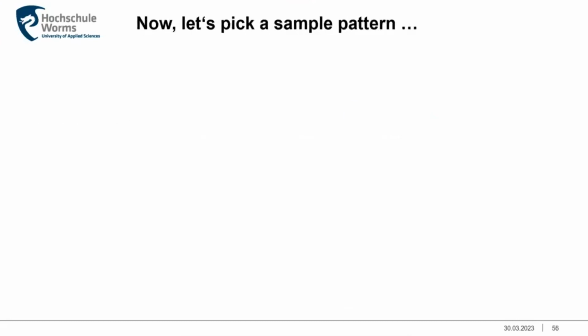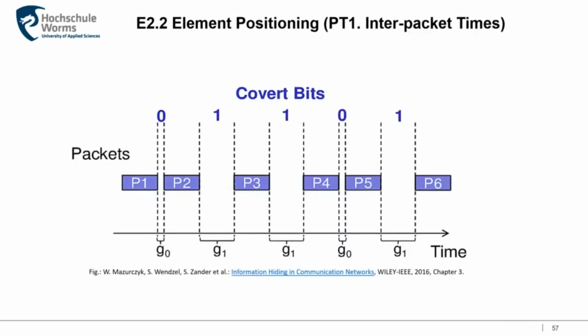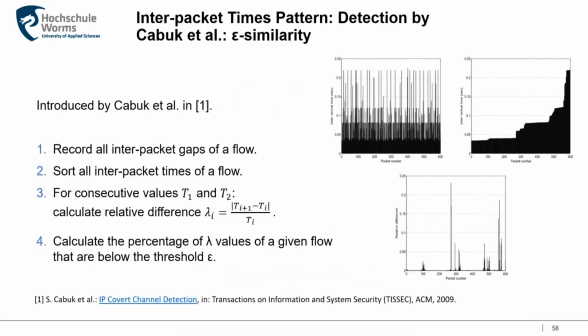And I want to start with the simple pattern that we already know, the inter-packet times or element positioning one. So packet inter-arrival times are modulated. Now, what can we do with this? We can try to detect it.